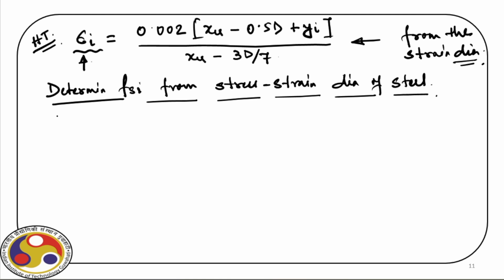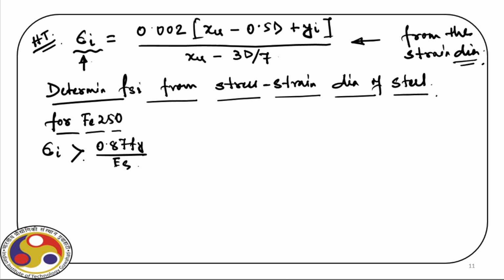So for Fe 250, if the strain is greater than 0.87 fy divided by Es, that means yielding has occurred, then we consider fsi equal to 0.87 fy.